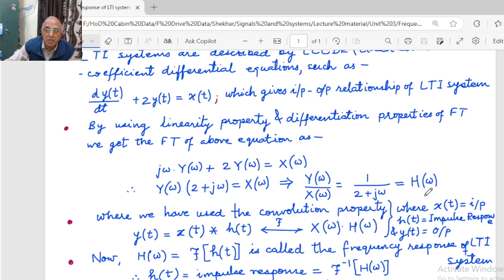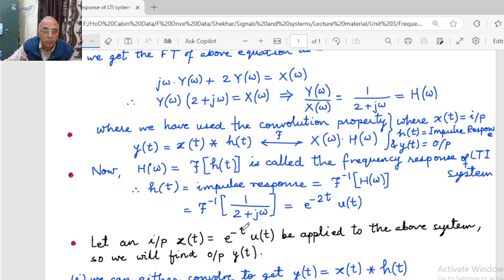So in this way we have obtained the frequency response using the Fourier transform. The frequency response describes how the system behaves with respect to frequency. Suppose I increase omega or decrease omega, I can plot it versus omega, and that will be the description of the frequency response versus omega or versus frequency.